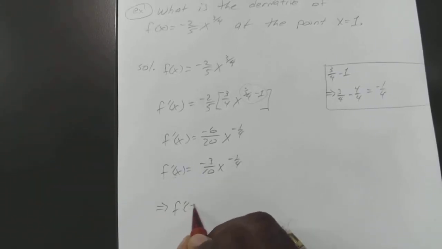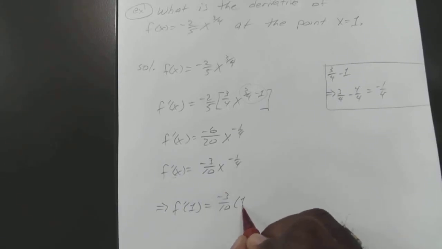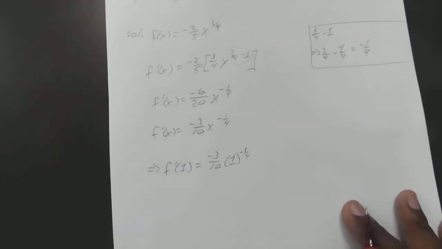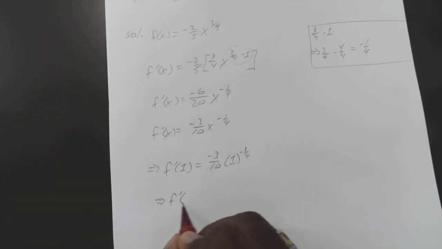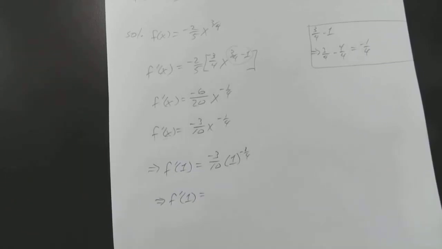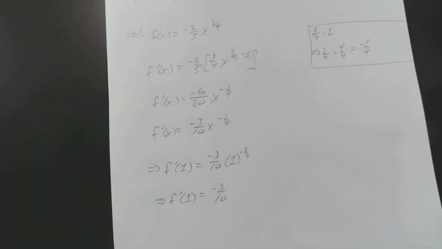That means your f prime of 1 is just negative 3/10 times 1 to the negative 1/4. Okay, so f prime of 1, 1 to the power of anything is always going to be 1. It's negative 3/10.